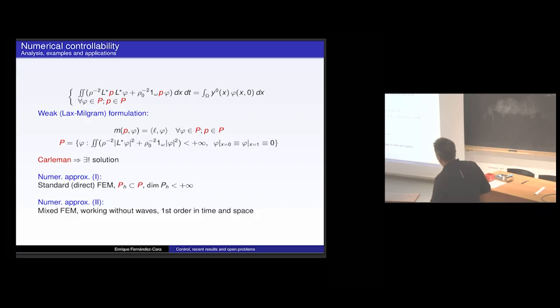So we are going to have a solution if we prove, of course, that this is a linear continuous form on P. But this is a consequence of Carleman estimates. What we have on the right-hand side, I will not present the details because it's not so important. Believe me, this is linear and continuous in P for this norm, okay? So we have a solution of this problem.